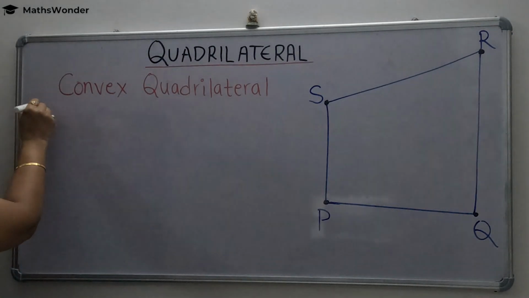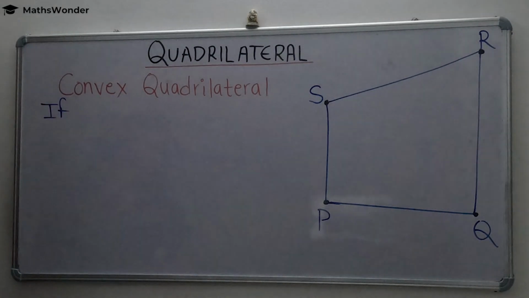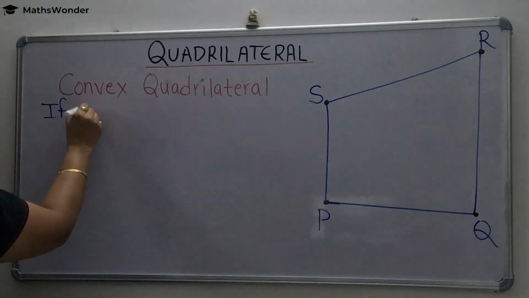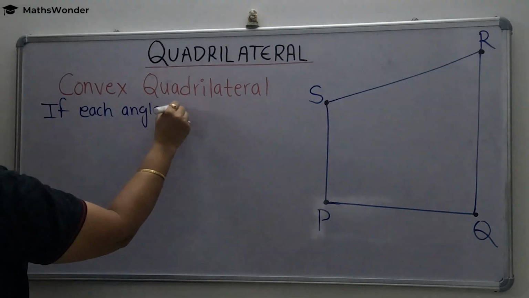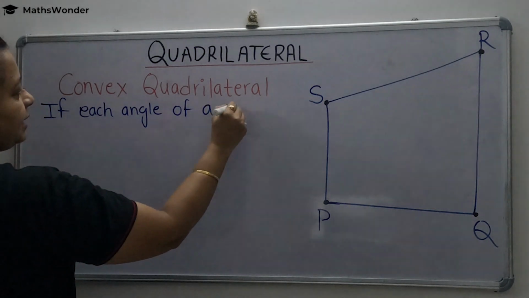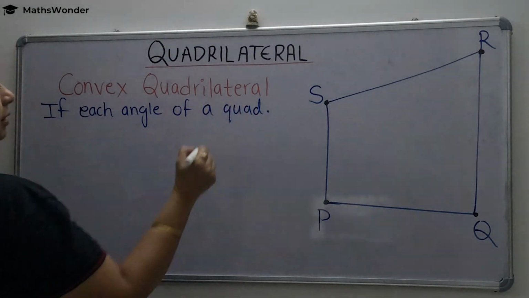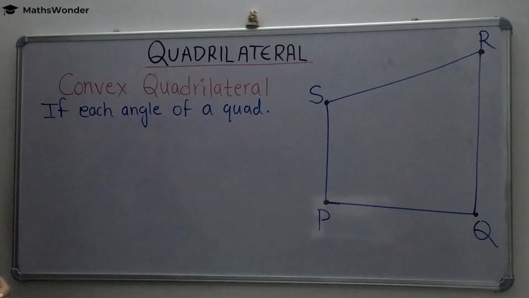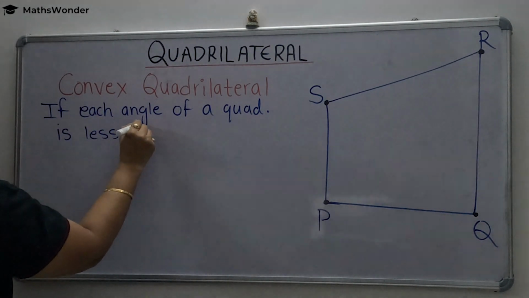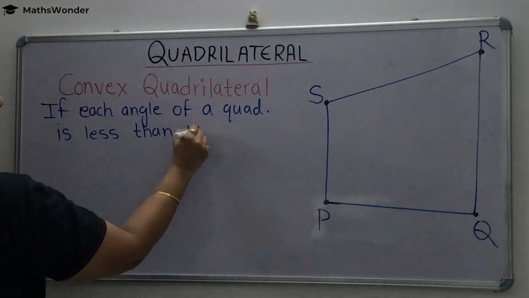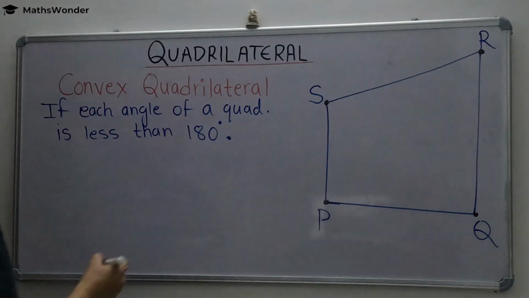Write down the definition: if each angle of a quadrilateral is less than 180 degrees.